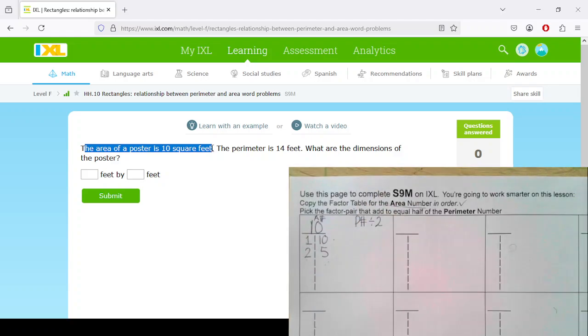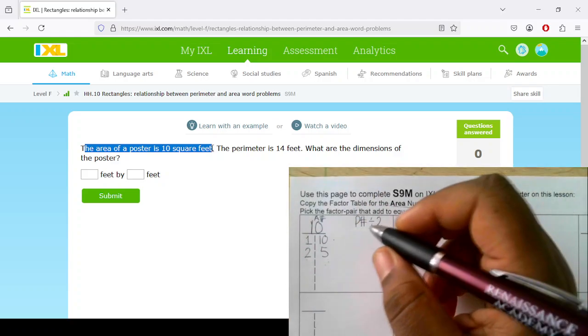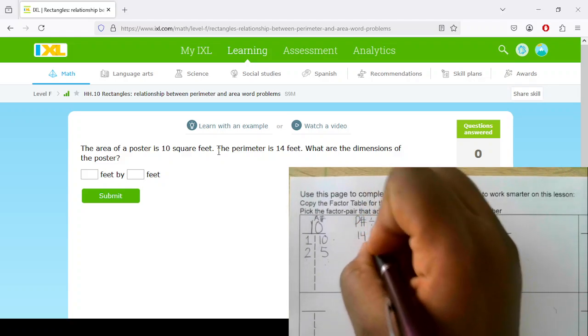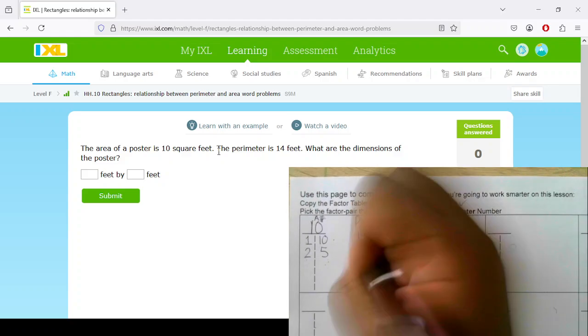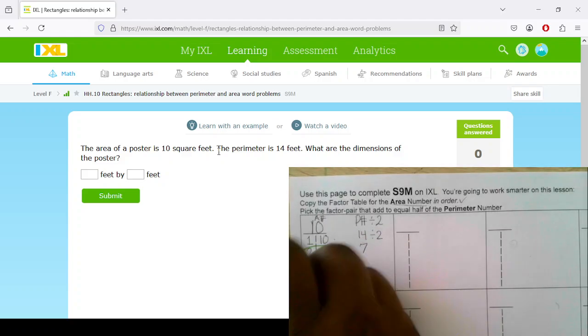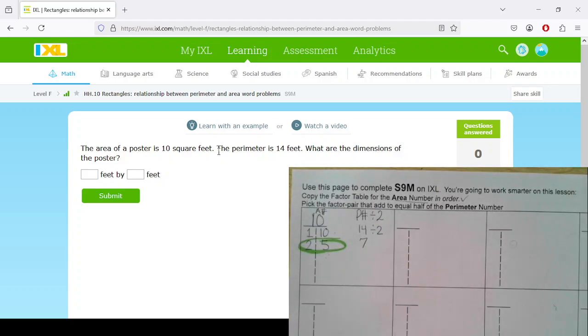Okay, so the perimeter number divided by 2, that's 14 divided by 2, just so you can see where I'm getting that, is 7. So I'm looking for the factor pair that adds to equal 7. So that means that this poster is 2 feet wide and 5 feet tall.